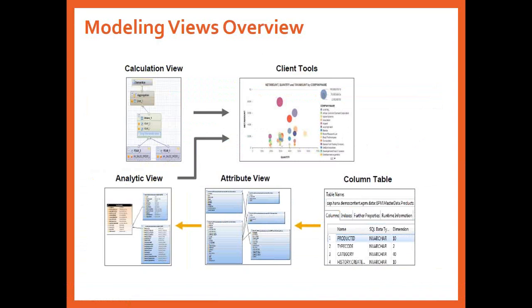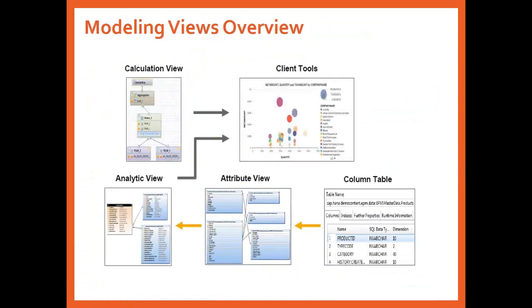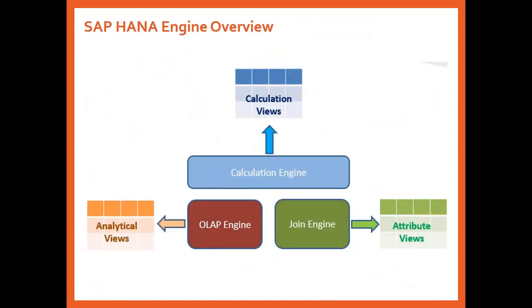Actually, in 90% of analytical reports we won't use the attribute view as a final view. Attribute view is an input for other analytical and calculation views. There are three views: attribute view, analytical view, calculation view. Attribute view works on the join engine.